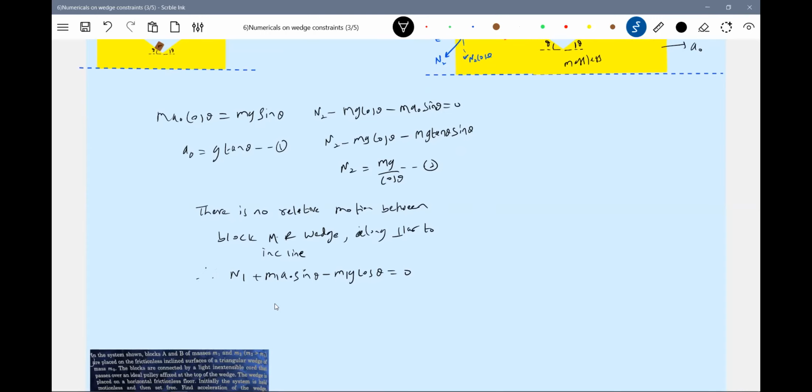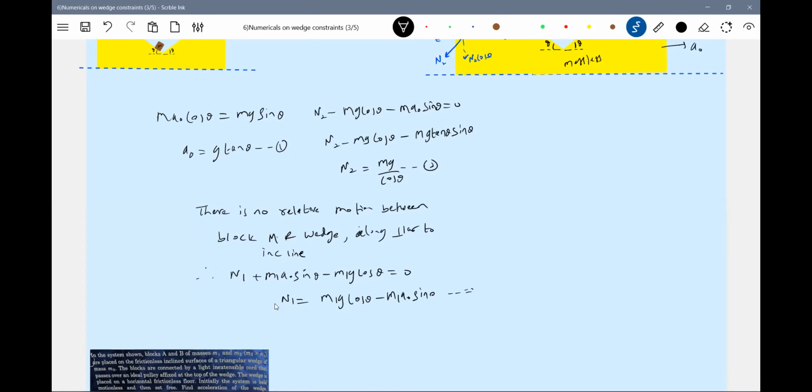Why is it like that? Because there is no relative motion between the block M and the wedge perpendicular to the incline. So I got the value of N1: M1 g cos theta minus M1 A naught sin theta. This is equation 3. I think we are at a better place.